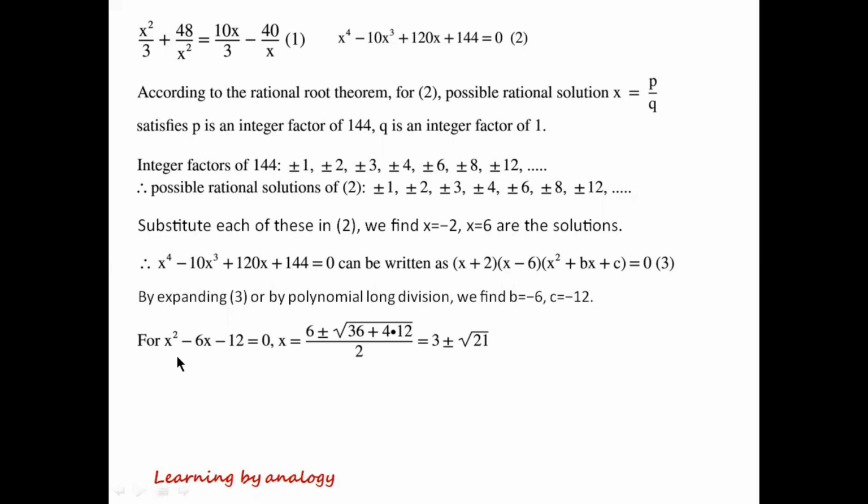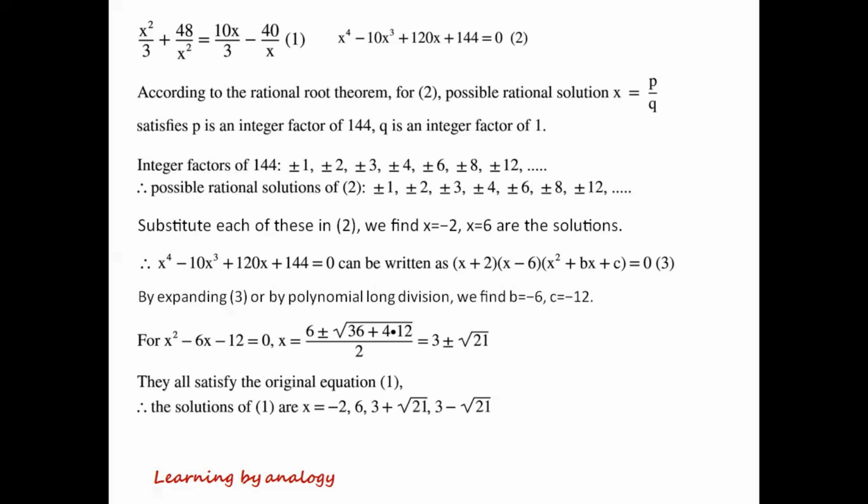For x squared minus 6x minus 12 equals 0, x equals 6 plus minus root of 36 plus 4 times 12 over 2, which is equal to 3 plus minus root of 21.